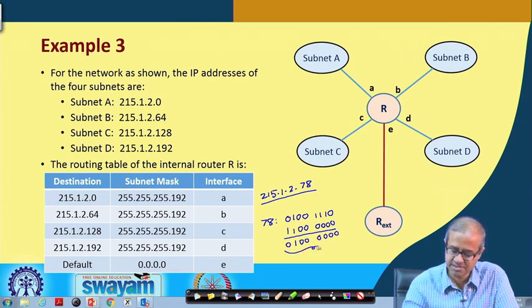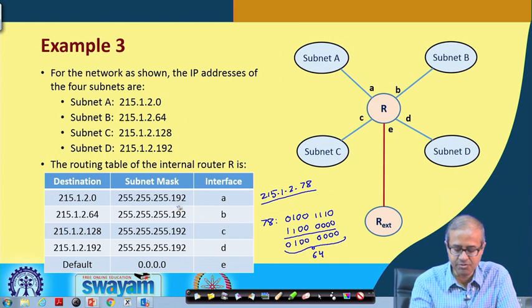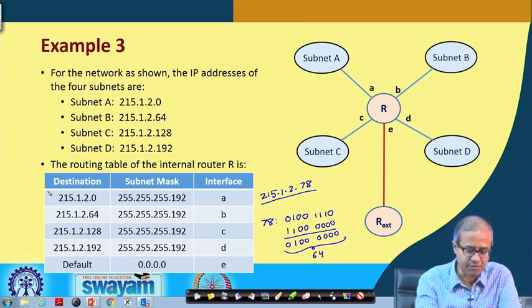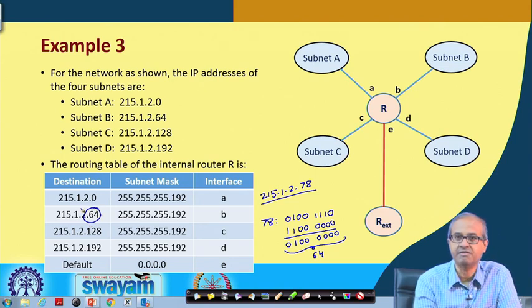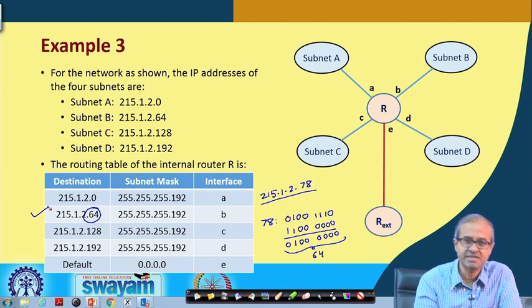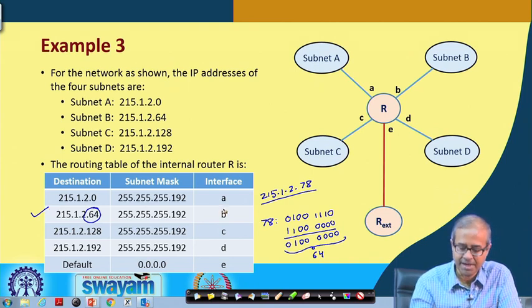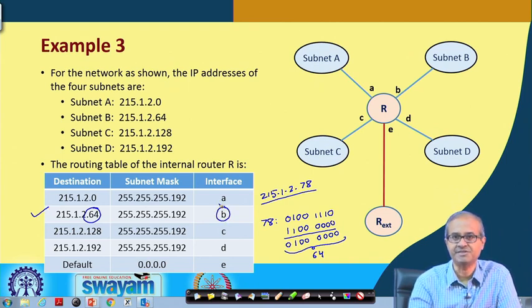How much is this in decimal? This is 64. So, if you do a bit by bit ANDing with 192, it is 64, and if you look at these rows, there will be a match only with the second one, because 64 is here. So, there will be a match with the second row and the packet will be forwarded to interface B. This is for the second packet.